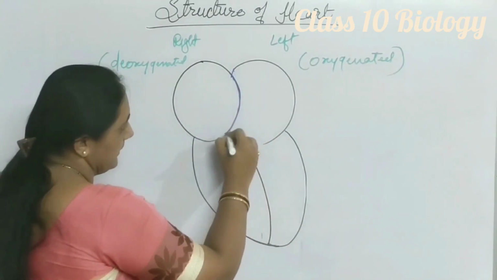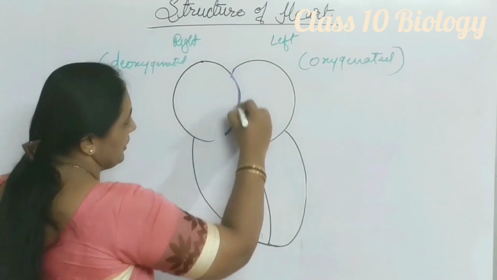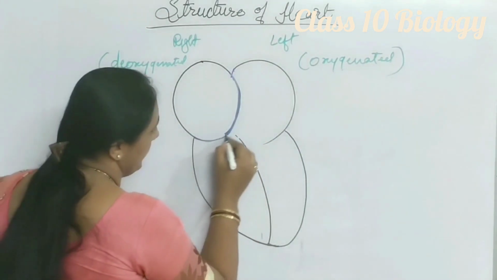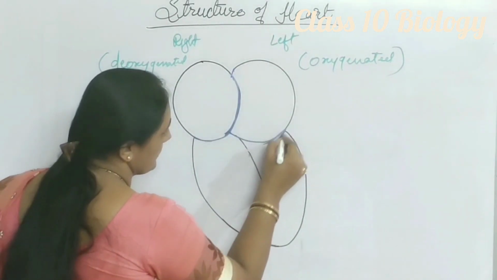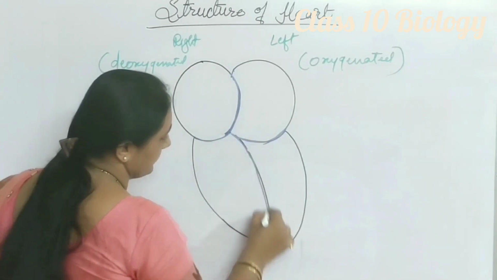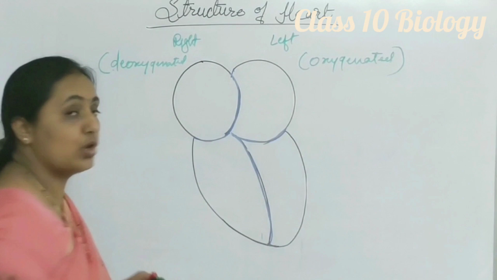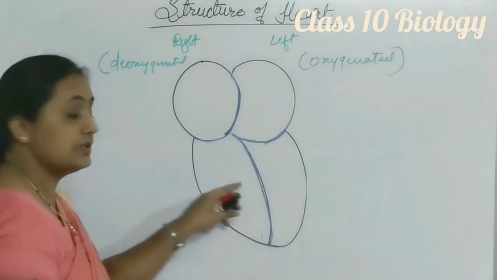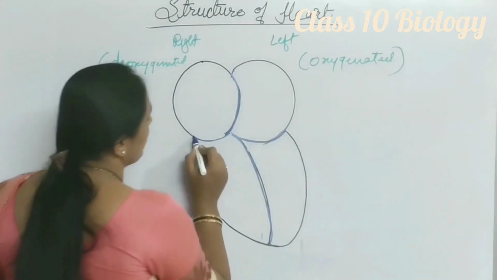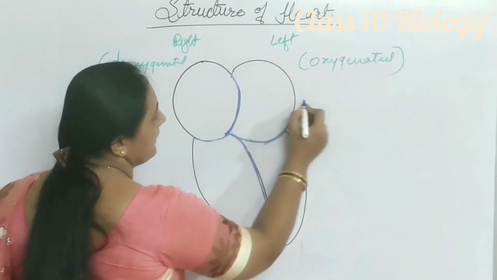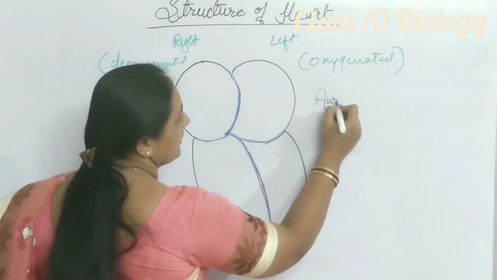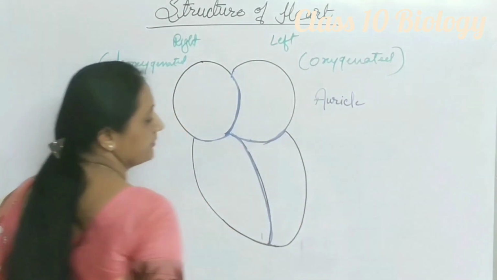The upper parts are separated from each other, as well as the upper and lower parts are also separated from each other. This blue line is a muscular part and is called the septum. This upper part is called the auricle or atrium.